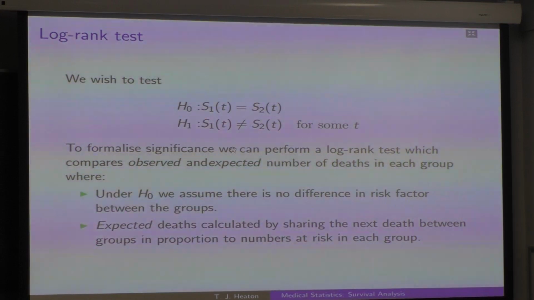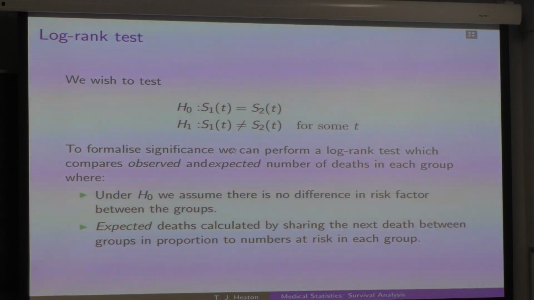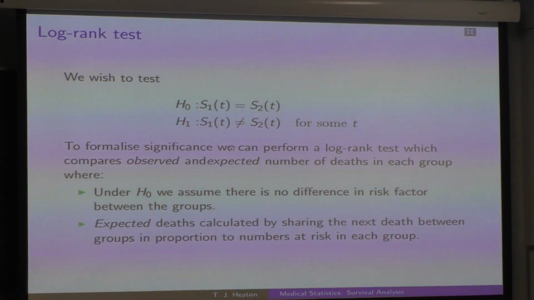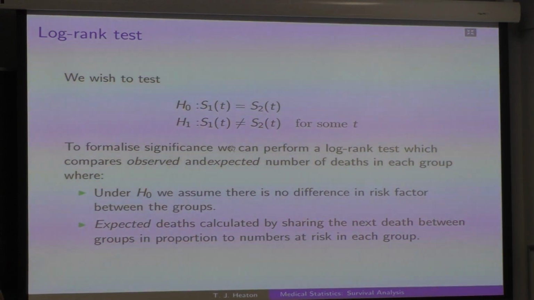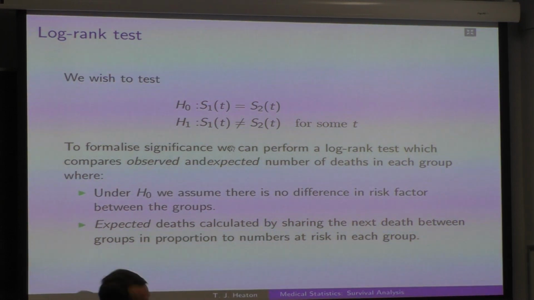Now I need to do step 2 and step 3. Step 2 is try and find a test statistic that's going to help me distinguish between those. And then step 3 is find out what the distribution of that test statistic is under my null hypothesis. And if we're going non-parametric, then we're going to implement something called a log rank test.